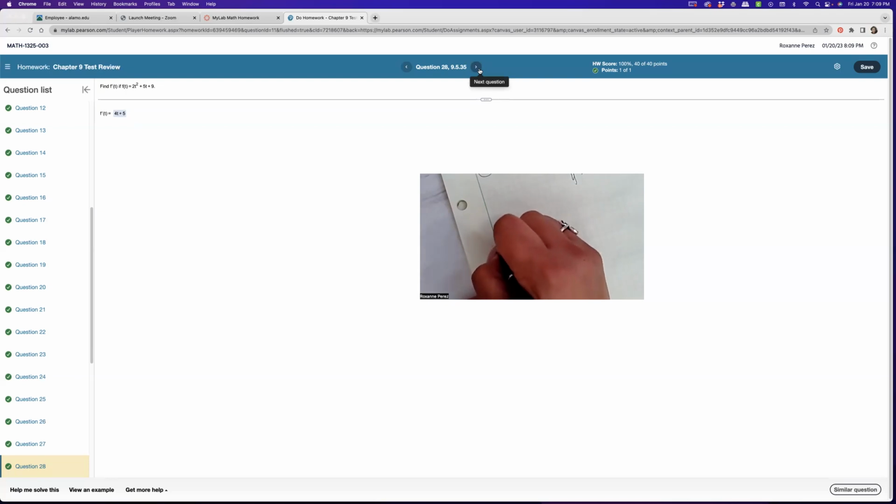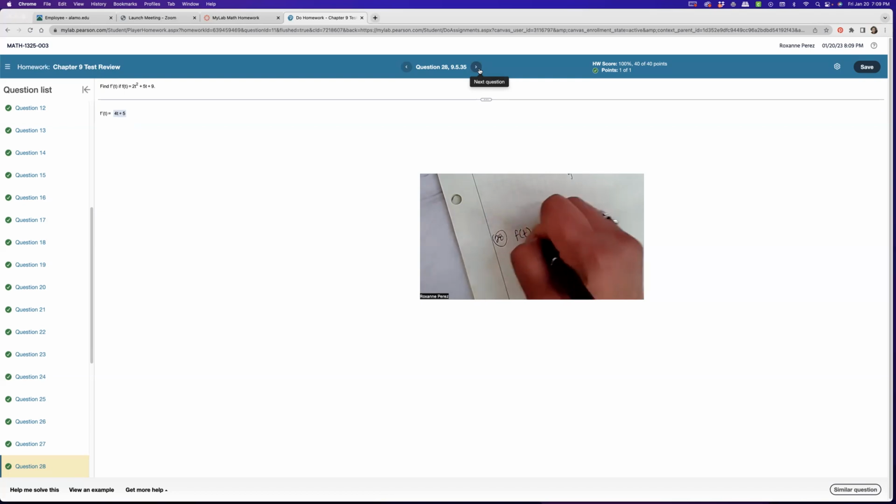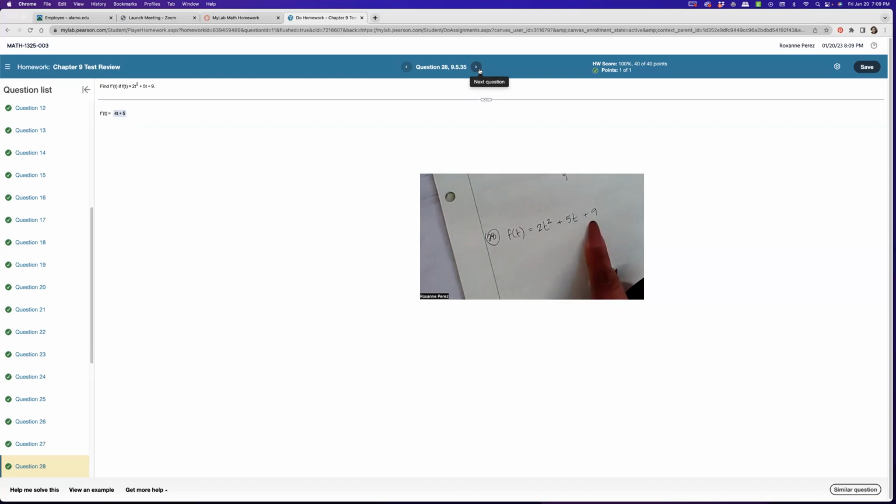Number 28. Same thing. Function f of t is equal to 2t squared plus 5t plus 9. This doesn't have a variable, so it's going to fall off.